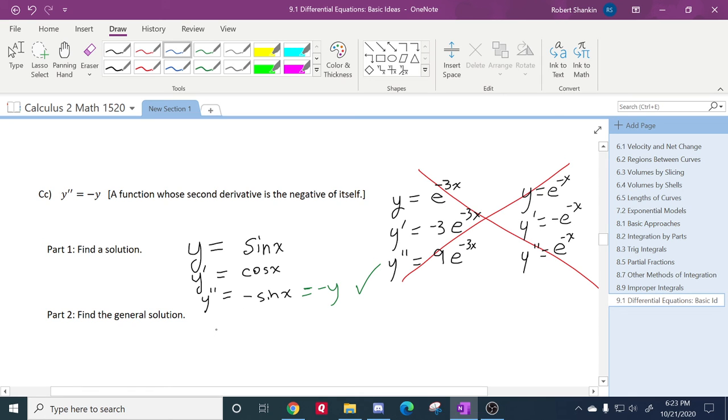And let's go to group 3. Do you have a possibility for a general solution?